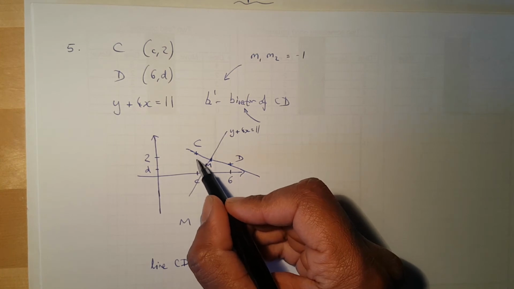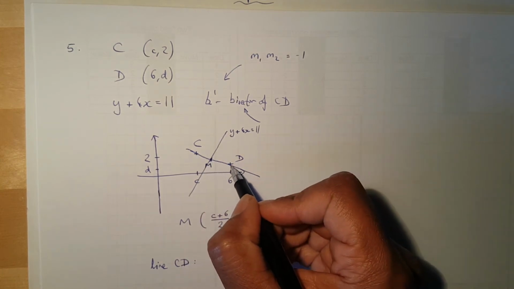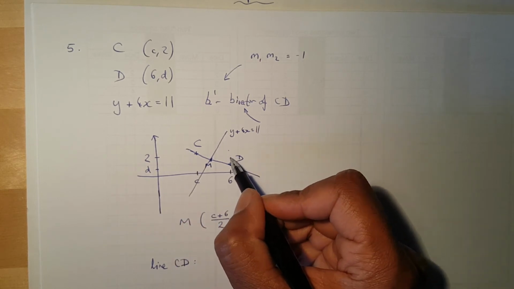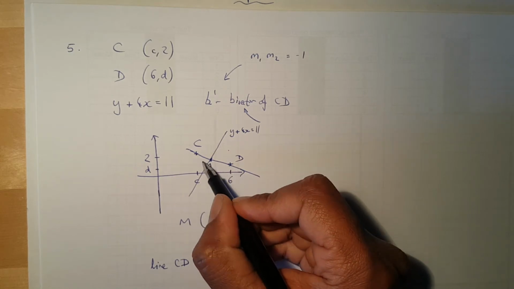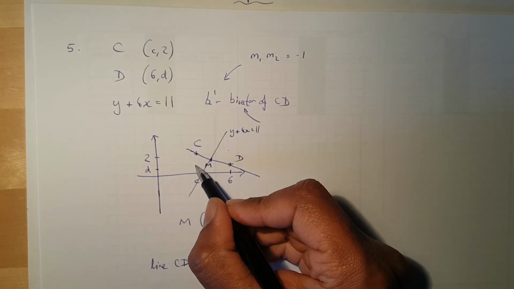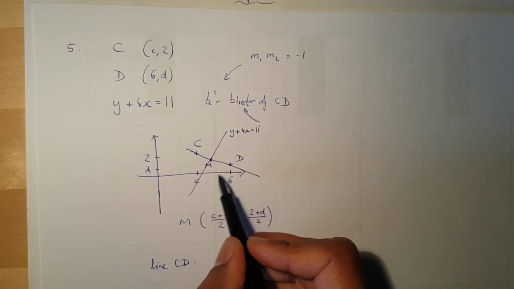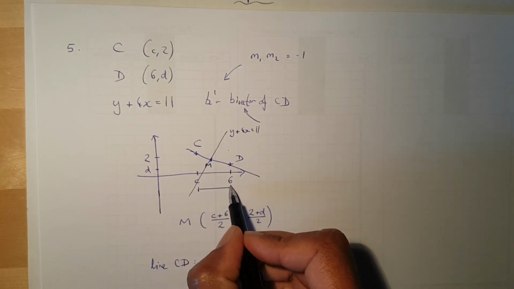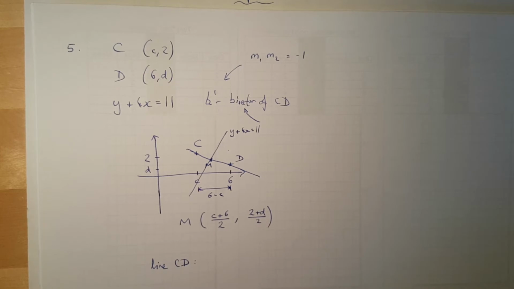Well, what's the change in vertical component? Sorry, let's do D first, shall we? It's going between D and 2. Let me get this right. In going from C to D, I've gone across that distance there, which is 6 - c.